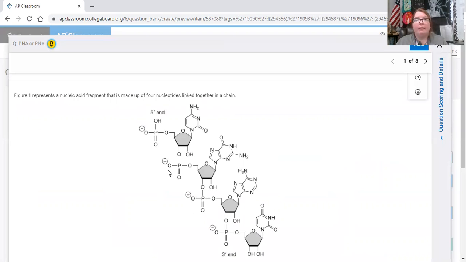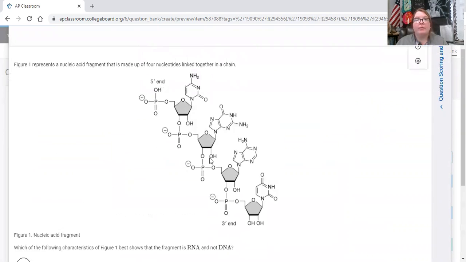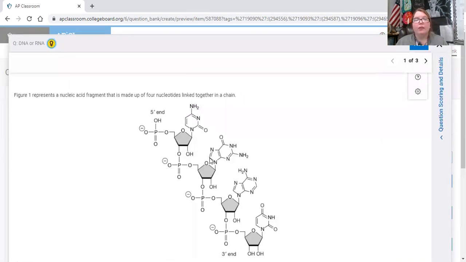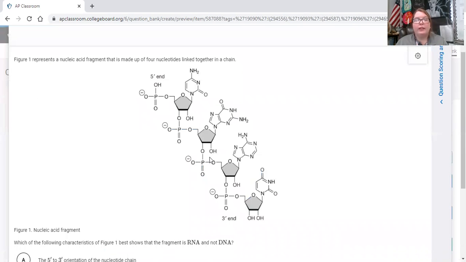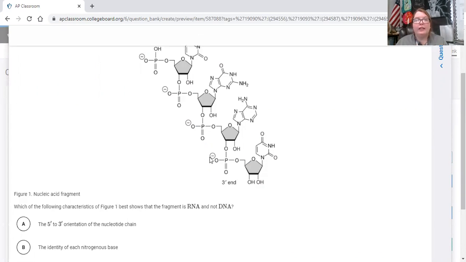On AP type questions, they'll usually give you a diagram and ask you some questions about it. It says, which of the following characteristics of figure 1 best shows that this fragment is RNA and not DNA?